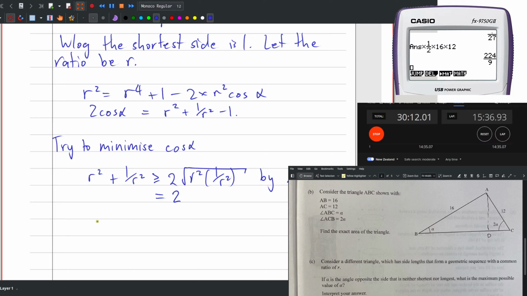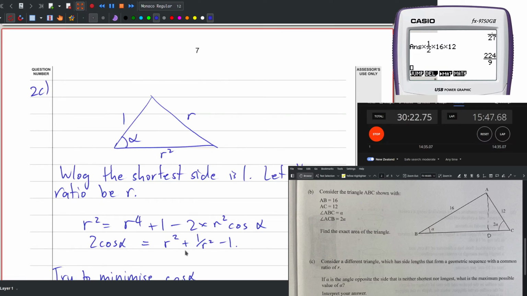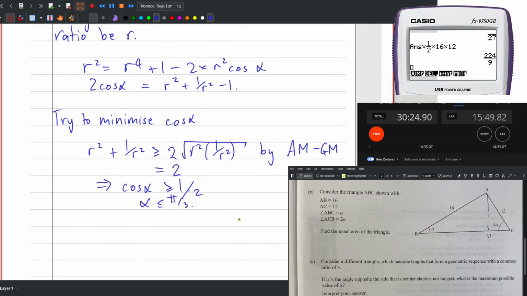So cos alpha is greater than or equal to a half, alpha is less than or equal to pi on 3. So the equality case is r equals 1, alpha equals pi on 3, which is the equilateral triangle.